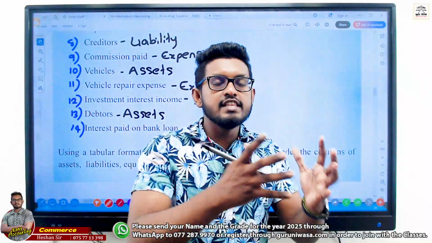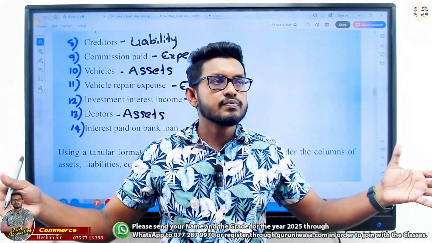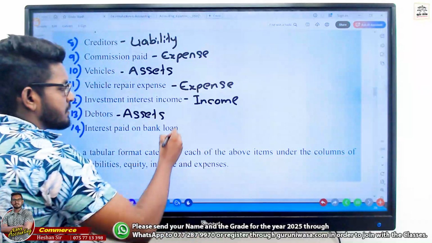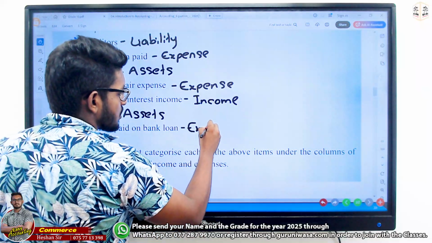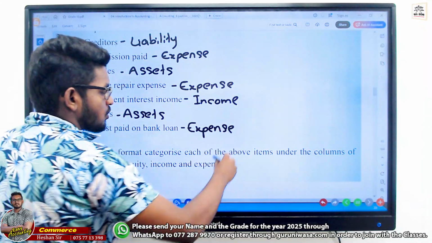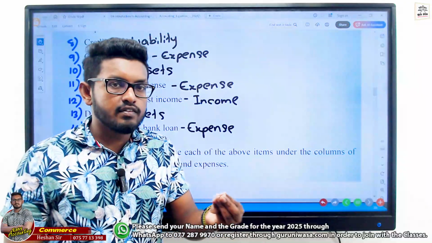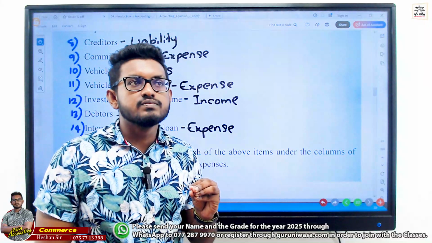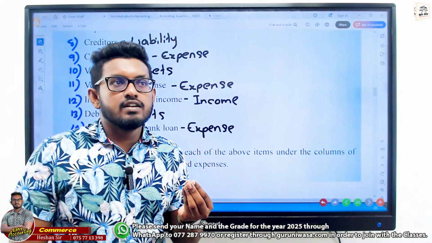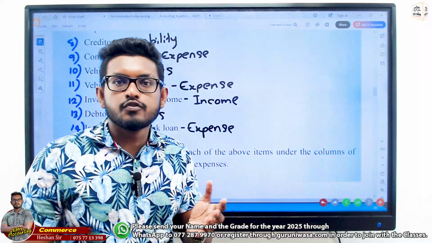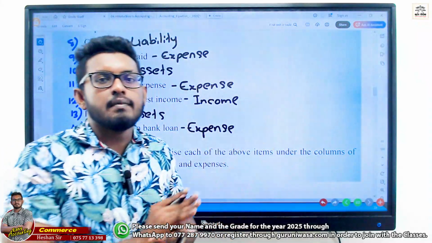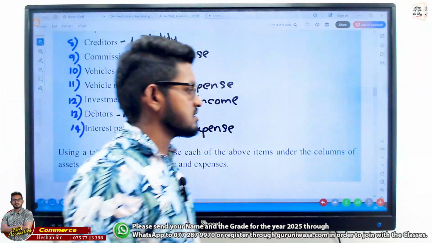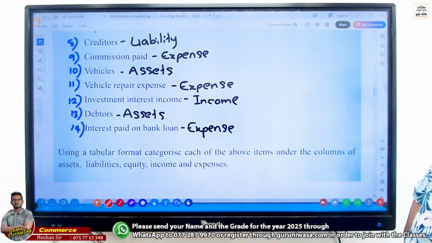The extra amount paid, the interest, is an expense. Say you pay 15,000 monthly; out of that 12,000 is relevant to the bank loan and 3,000 is interest, an additional payment, so it is an expense.